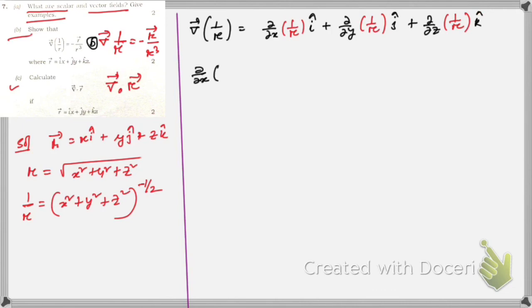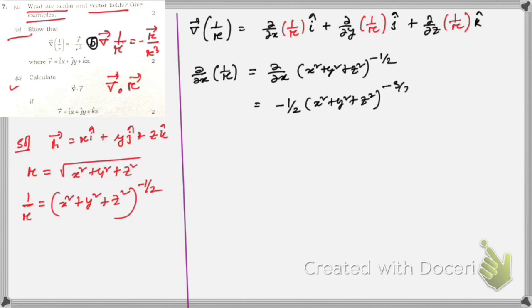So let us find the derivative of 1 by r with respect to x first. 1 by r is nothing but x square plus y square plus z square whole to the power minus 1 by 2. If you differentiate it with respect to x, you will get minus half, and x square plus y square plus z square whole to the power minus 3 by 2.